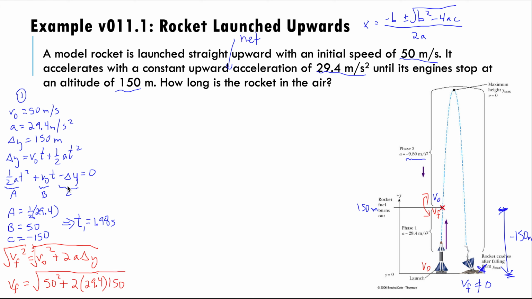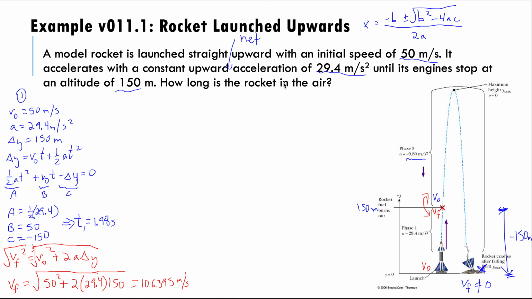Plug all of these values in. We're going to get 106.395 meters per second. So now we're done with phase 1 and we can move on to phase 2.